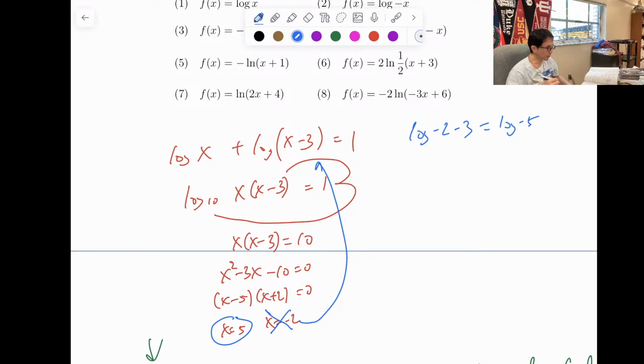I'll let you try a question. Same thing if it's a minus sign, it's going to divide, so there's no big difference. So if I have log base 2 of x plus log base 2 of x minus 7 equal to 3, you should be able to solve this equation now.